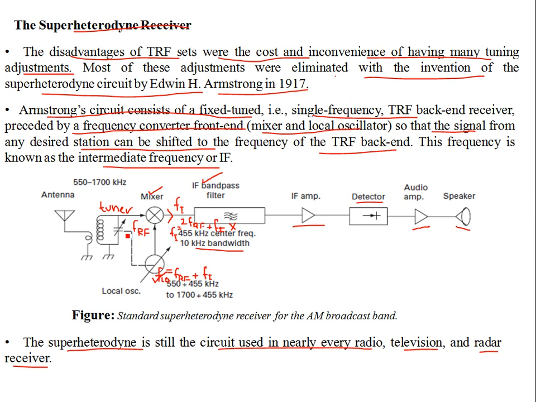So let's consider this frequency over here to be FRF plus twice Fi, and your local oscillator frequency is as such.